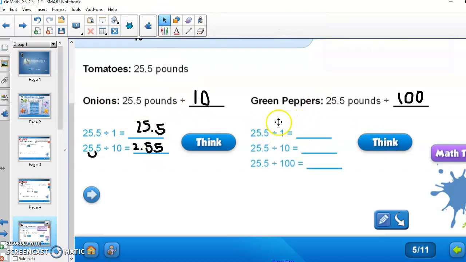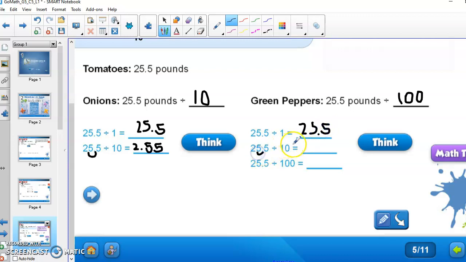For the green peppers, I'm going to use that pattern again. If we divide 25.5 by 1, the first pattern shows our solution is 25.5. If we divide it by 10, I'm going to scoot that decimal to the left 1 time. And that's how I got my answer for the number of pounds of onions he needs, 2.55.